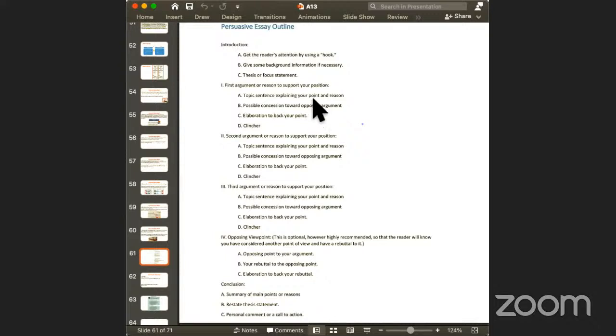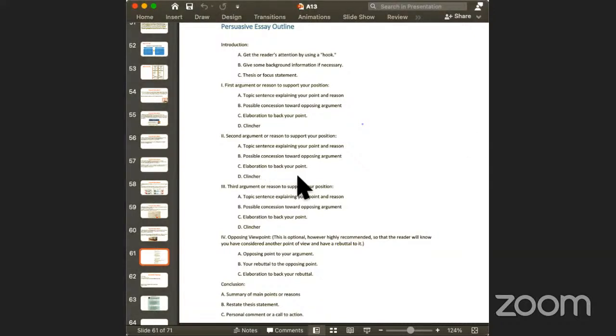All right, so sorry. And finally, we should try to follow an outline when we write, because this gives us the opportunity to organize our ideas before we start writing.